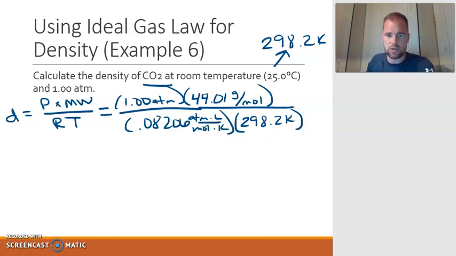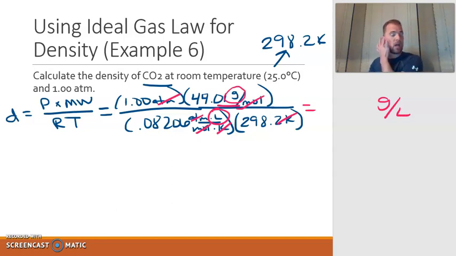Before we calculate, notice the atmospheres will cancel. Okay, the Kelvin will cancel, the moles will cancel, and so you'll be left in units of grams over liters. So my answer is going to be in units of grams per liter, which is the units for density. Remember, for gases, we don't do it in grams per milliliter like we did for solids and liquids.